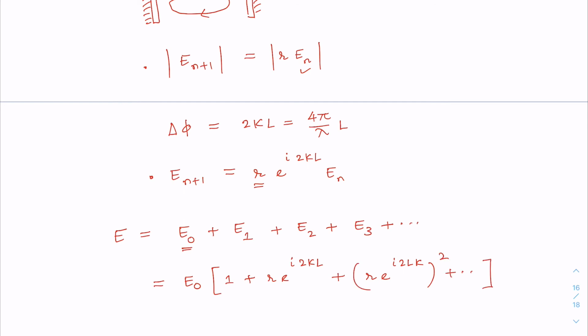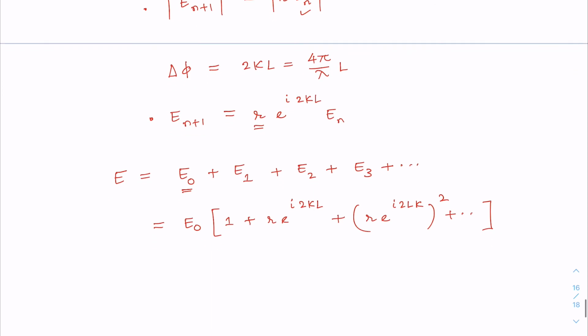You will get a geometric series, which is very simple to work out, and you get E0 divided by 1 minus R e to the power 2ikl.